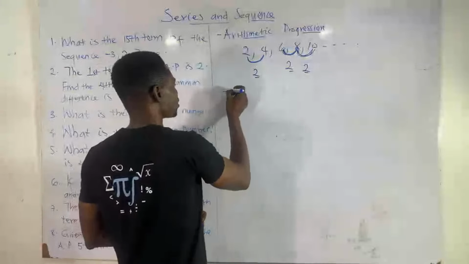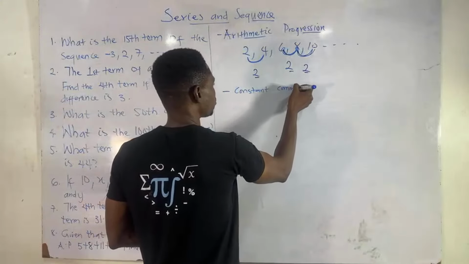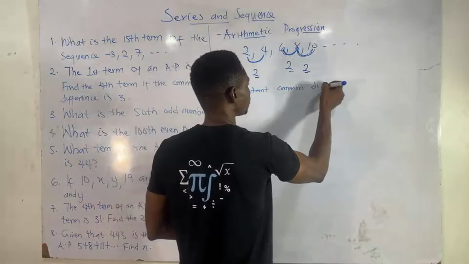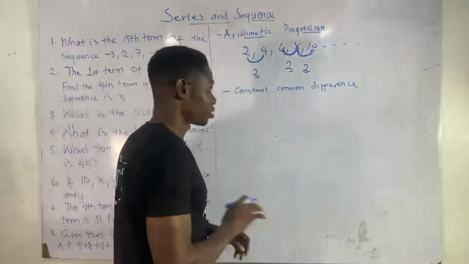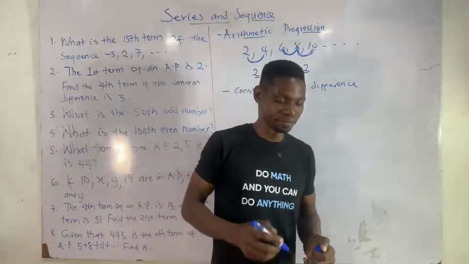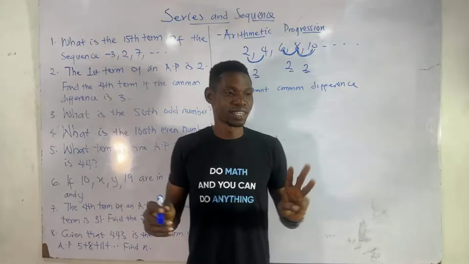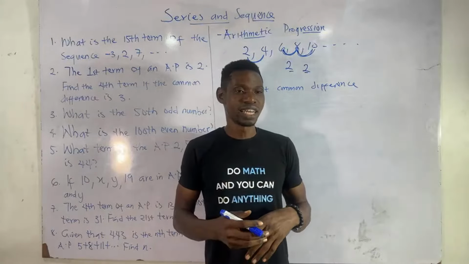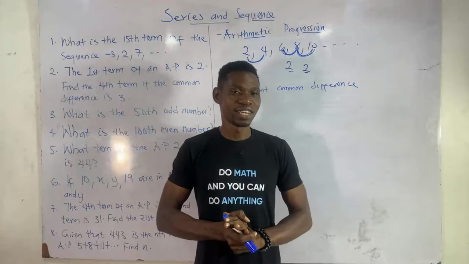So an AP has a constant common difference. So the difference between any two consecutive terms is constant. So you can say that is an AP. So I'm going to give you three series or sequences. You're going to tell me whether or not each of them is AP. So just write AP or not AP at the end of it.